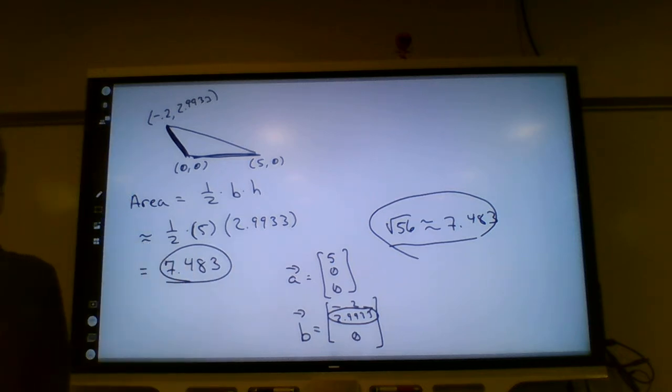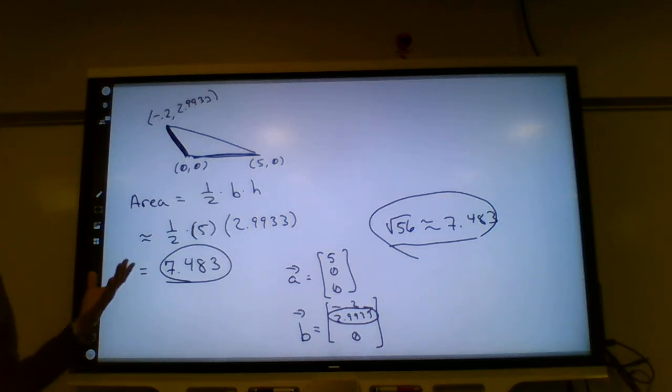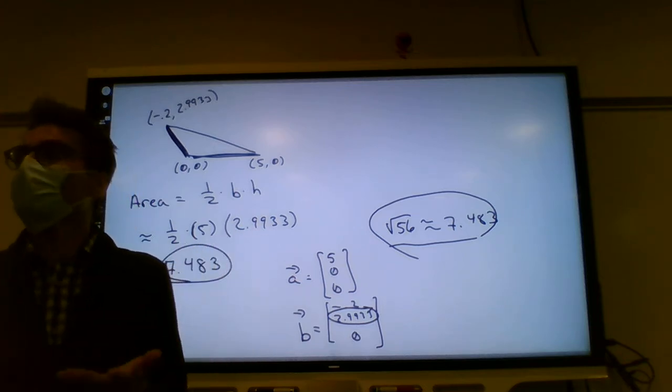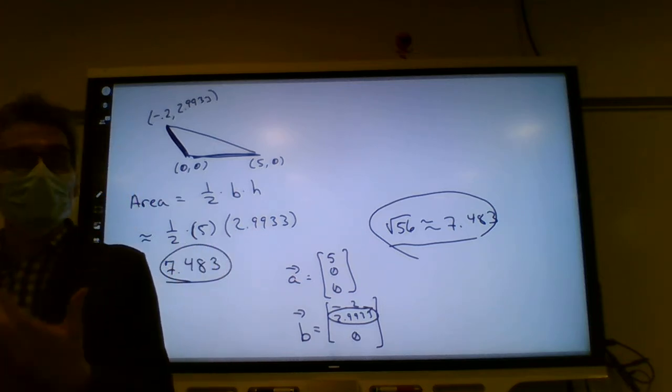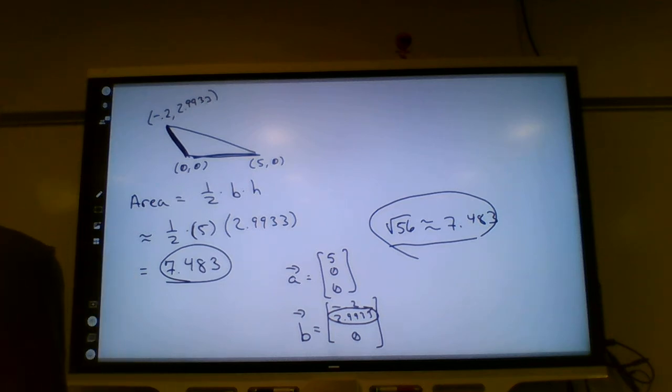All right, but what can we do? We can calculate that area without necessarily knowing anything at all about the angles. Right? The angle stuff is there, it's built in, but we don't always have to use that.